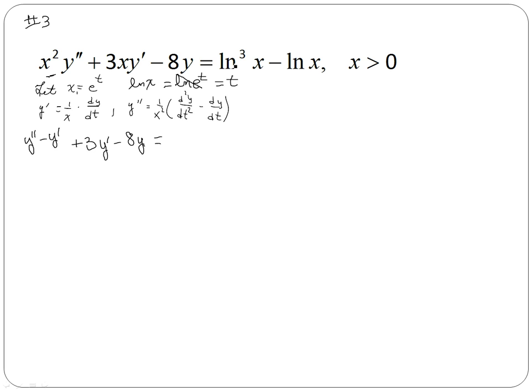So this natural log of x to the third power is also written as natural log of x to the third power. Here this natural log of x is just t. So this gives you t to the third power. And again, natural log of x is t. So this is just t also.